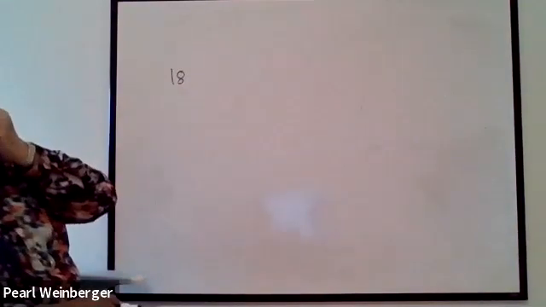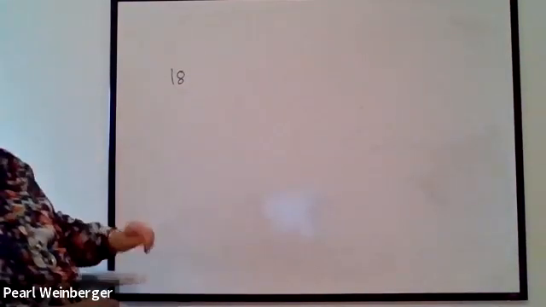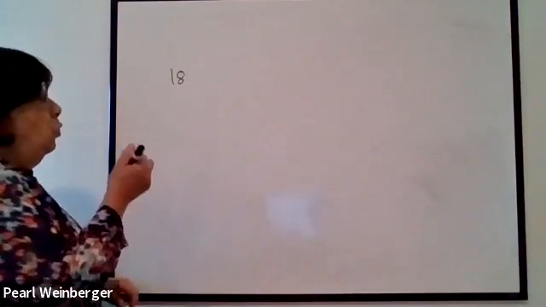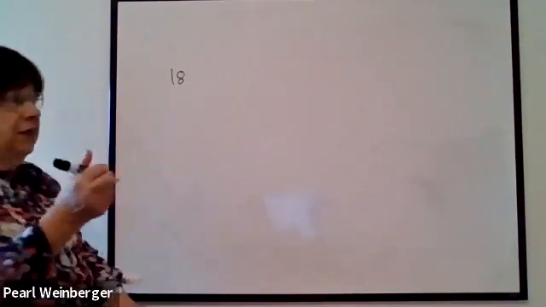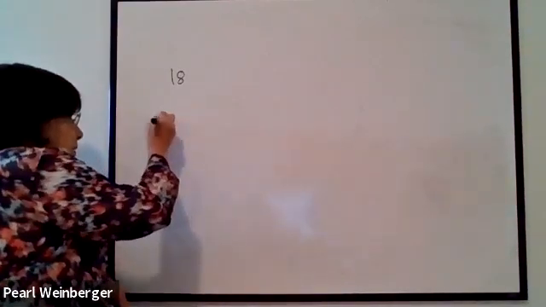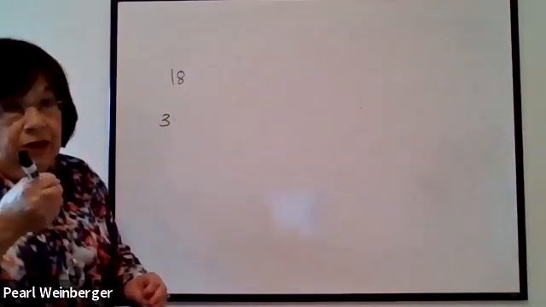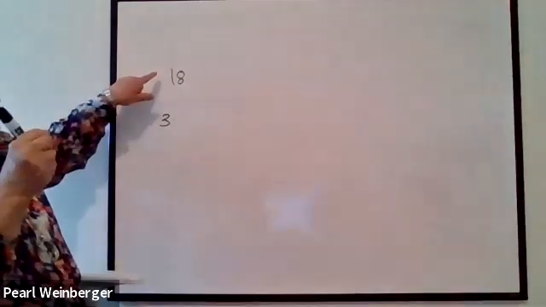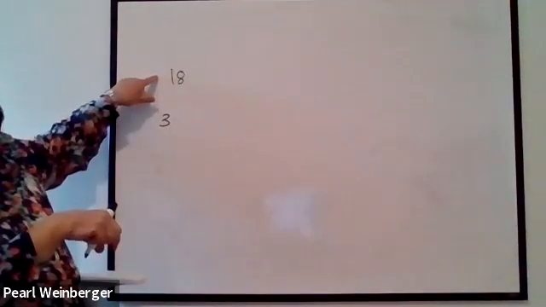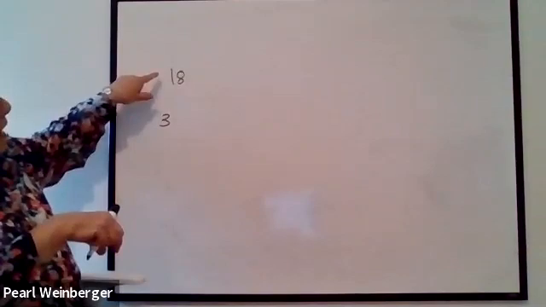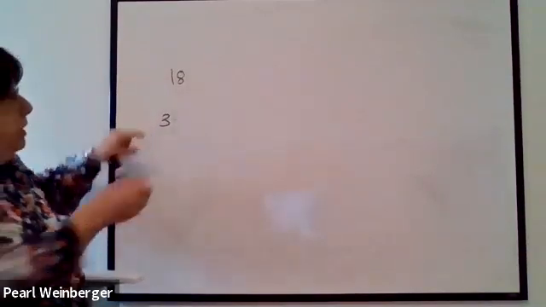Now, I know that 18 can be divided by 3. One of the factors of 18 is 3. Once I know one factor, I can figure out the other factor by taking the original number and dividing it by that. So I know if I divide 18 by 3, it'll give me 6.